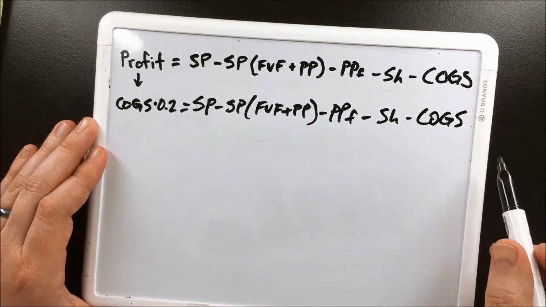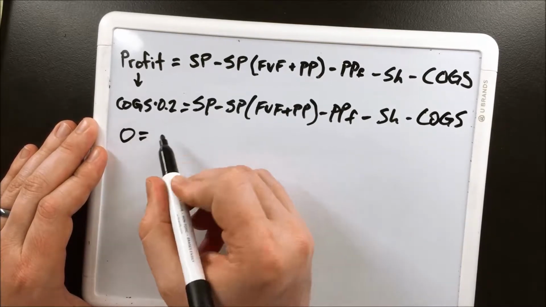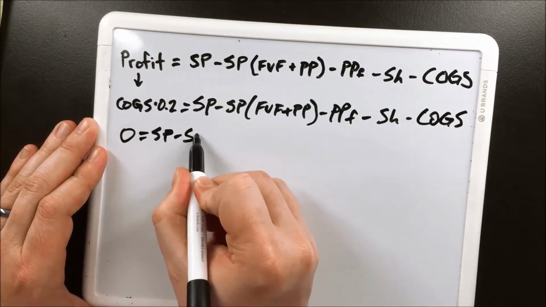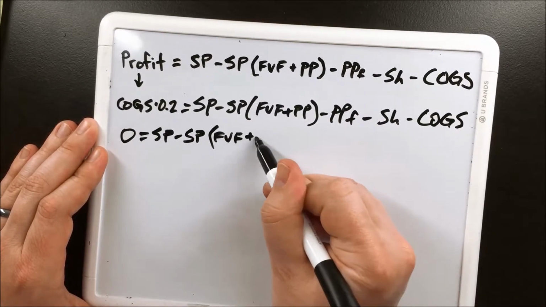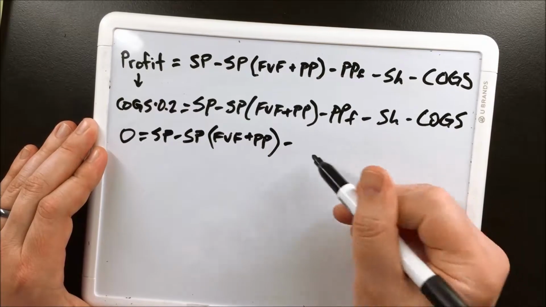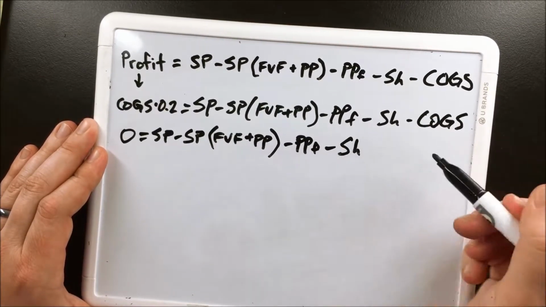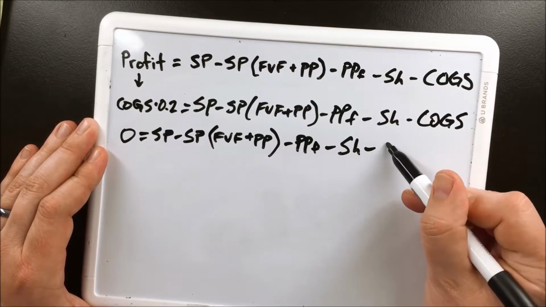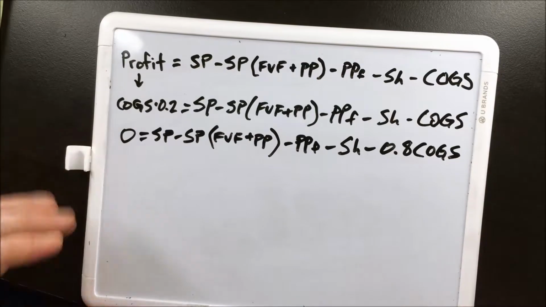The 0.2 cost of goods sold, subtracting from both sides. 0 equals SP minus SP times FVF plus PayPal, minus PayPal flat rate, minus shipping, minus 0.8 COGS.